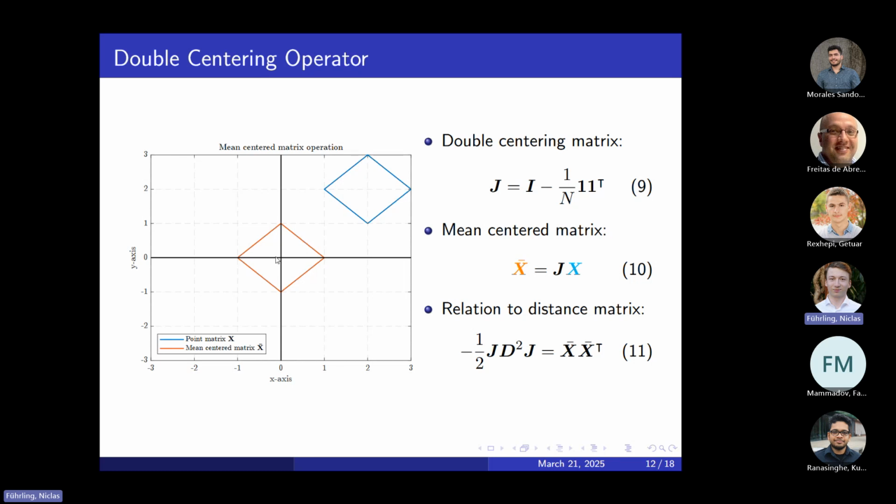And now the nice thing about MDS is actually the relation shown in equation 11, which maps the mean-centered point matrices, so X bar, to the distance matrix. And this will be used then in the next step to be modeled by the rigid bodies and the obtained distance measurements to find an optimization problem where we can solve for the unknown parameters.